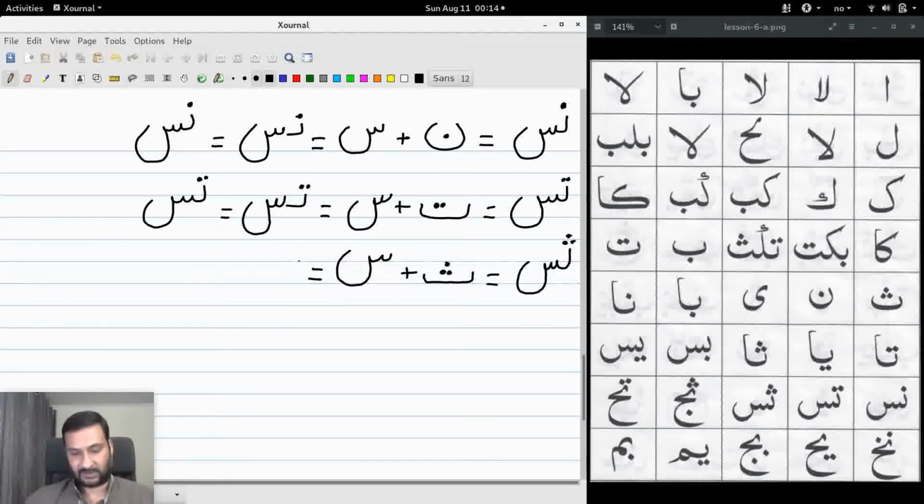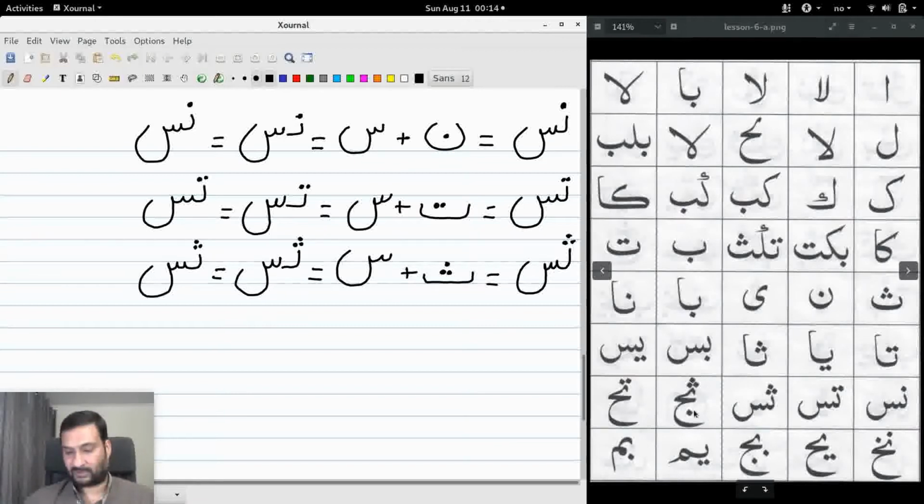Okay, so when tha is in the beginning of the word, it takes this form, tha, and then sin is at the end of the word, so it takes the full form, making it tha, sin, as so. And if I write it in a fluent way in one go, it would look like this, tha, sin.